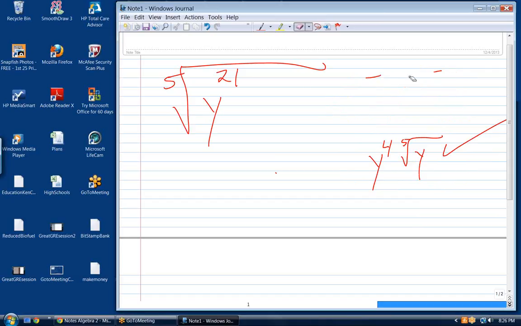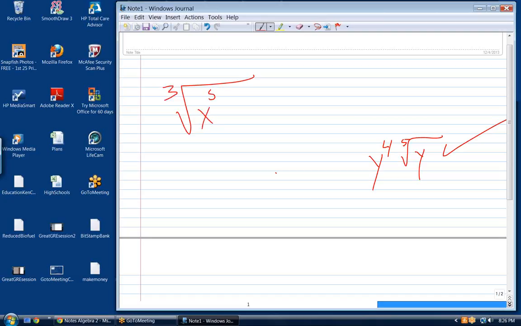And more typical problems that you would get would be, tell me what this is in radical form. I'm not sure. Well, let's separate it into 2.